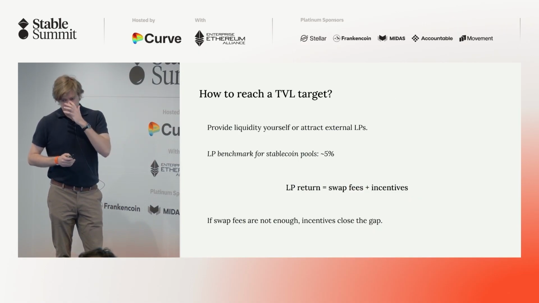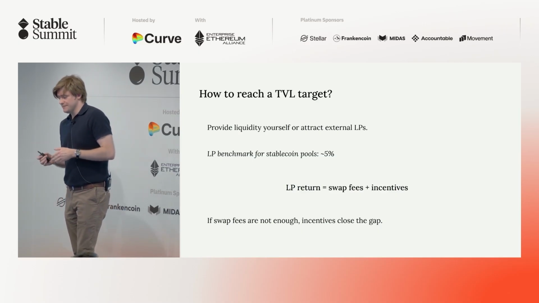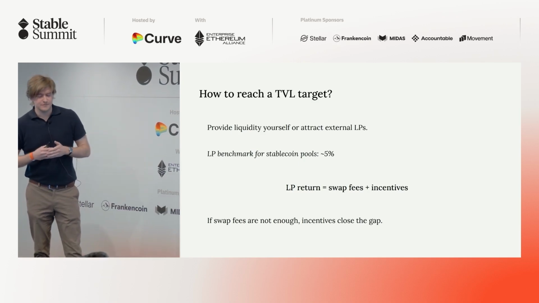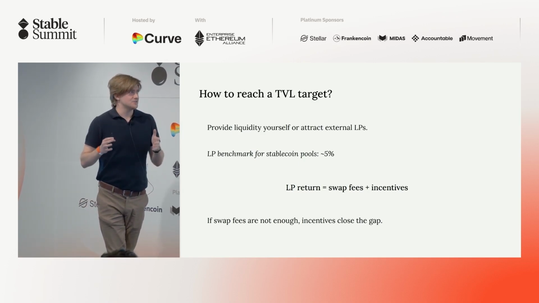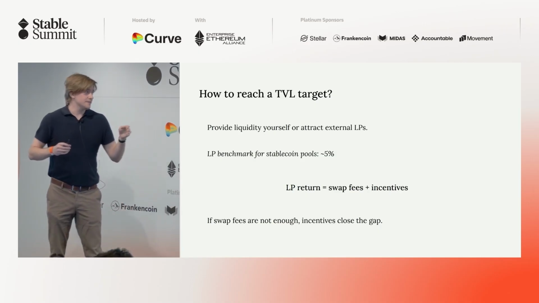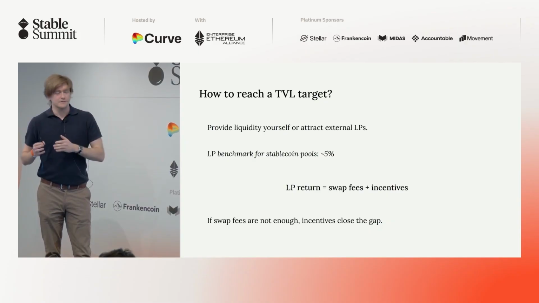So how do you reach the TVL target? Well, if you're in the case where you can provide your own liquidity, that's great. That simplifies the equation. But if you need to attract external liquidity, you typically are going to have to do some kind of incentives or have a lot of flow.